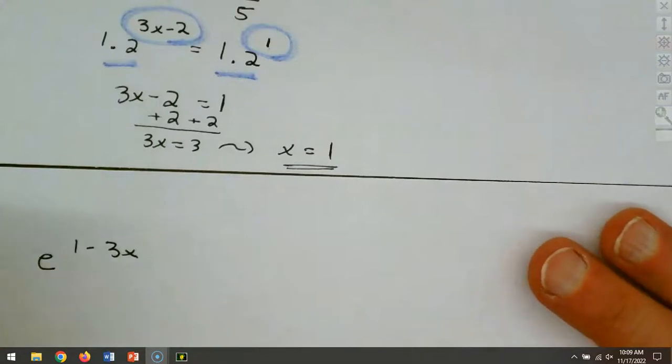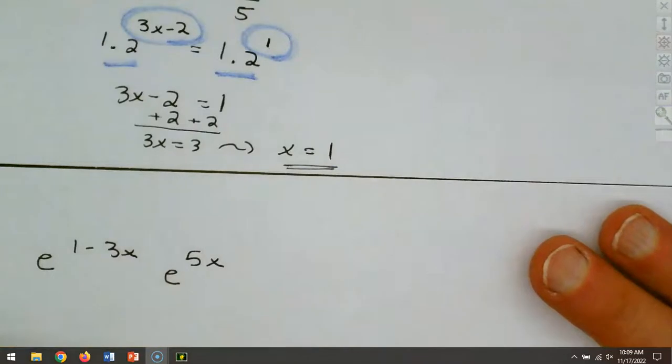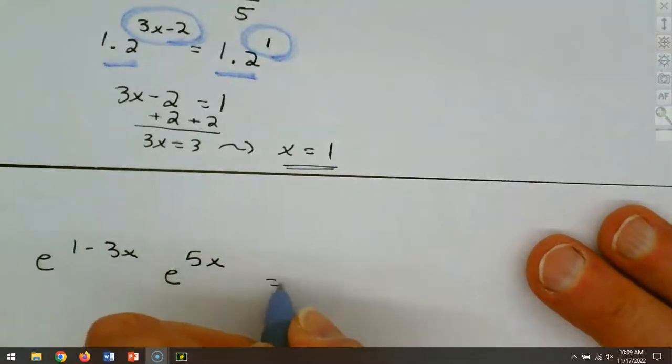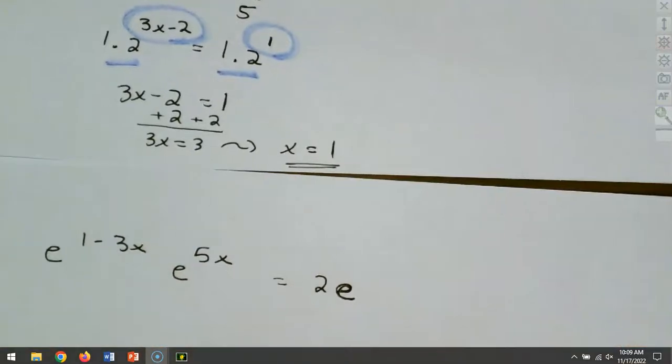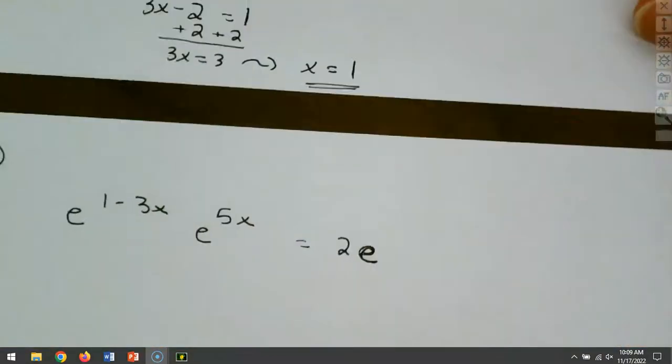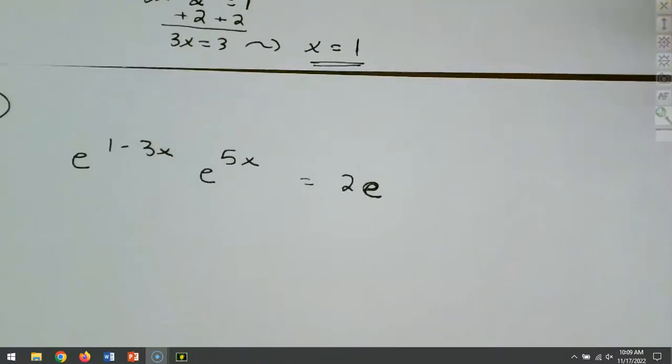To finish this up, we've got e to the 1 minus 3x here, and e to the 5x, and that equals 2e. All right, so what can we do here? Well, there's different ways of working through it.